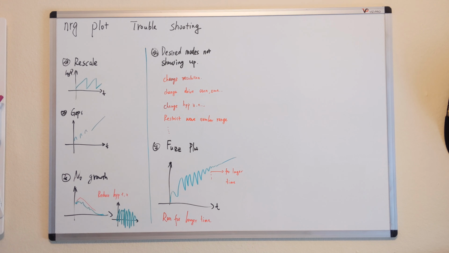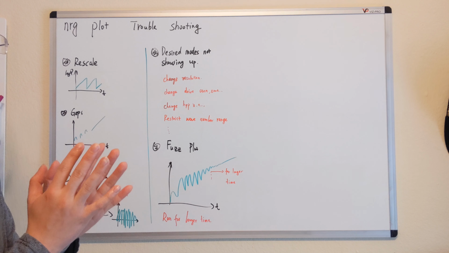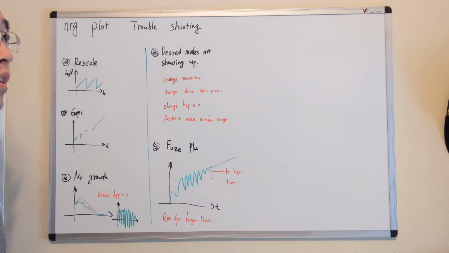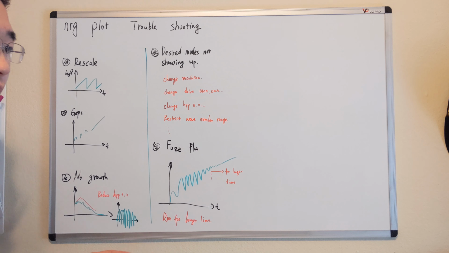I tend to think the hyperdiffusivity can be seen as a buffer. If you have really fast growing small scale instabilities, then hyp Z or hyp X will just buffer them out. Then there may be some desired mode that you can see. For instance, sometimes you have ETG that you don't want to see.